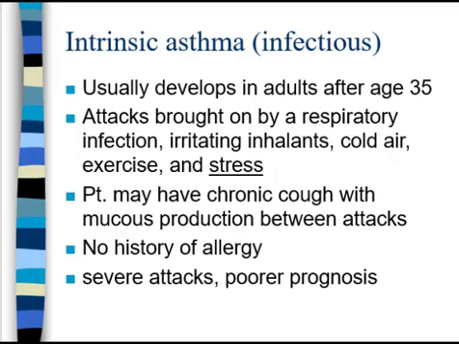There are some common factors that are the same between extrinsic and intrinsic asthma. And those common factors are lots of mucus. They also have an abnormal cough reflex, and their airway smooth muscle, those bronchioles, have an increased capacity to contract due to a response to different agents.